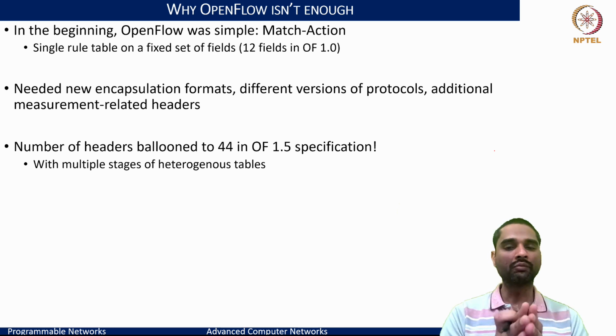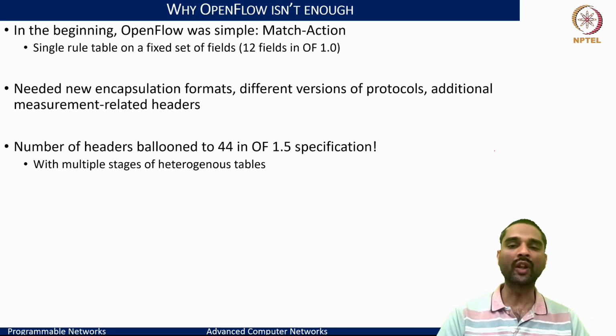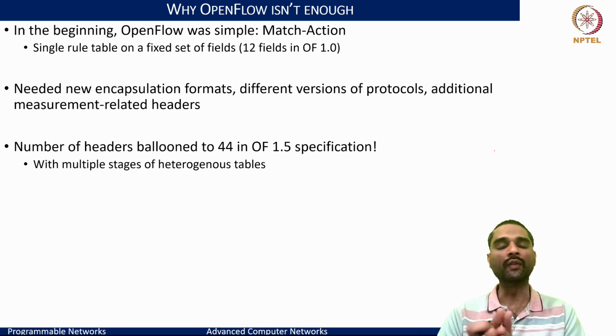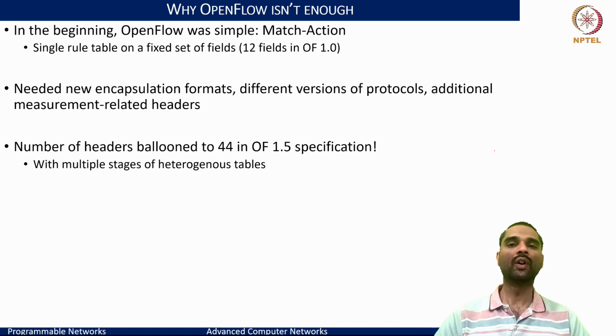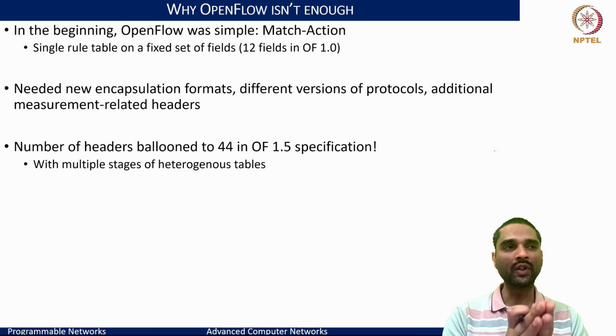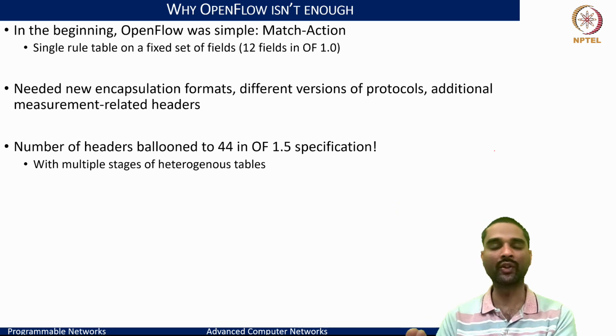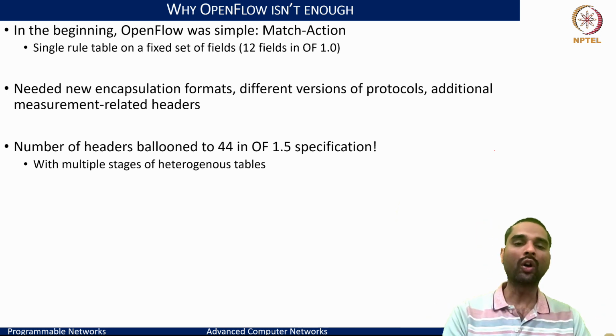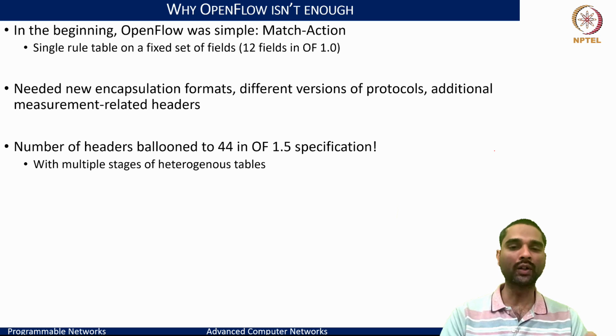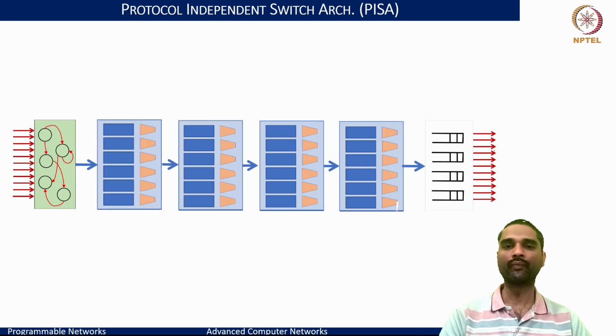Having these different matches meant you needed multiple kinds of tables to be supported within the hardware. So for each stage, you need different kinds of tables. All of this led to the realization that just the OpenFlow approach of matching on a specific field and taking certain actions would not be feasible unless we really controlled the way we configure the tables themselves.